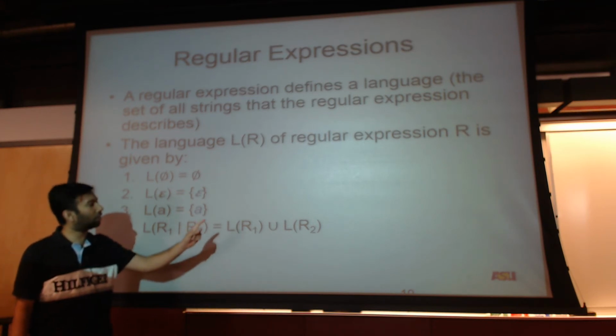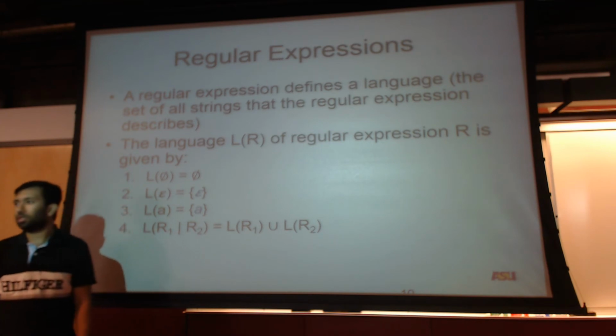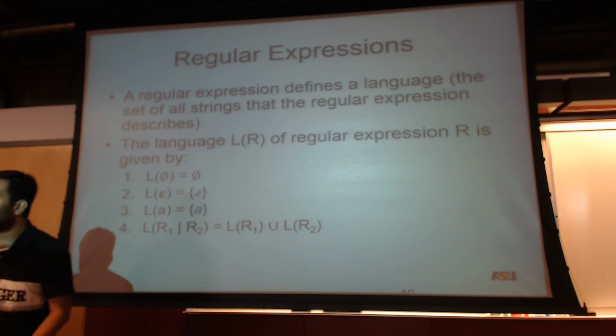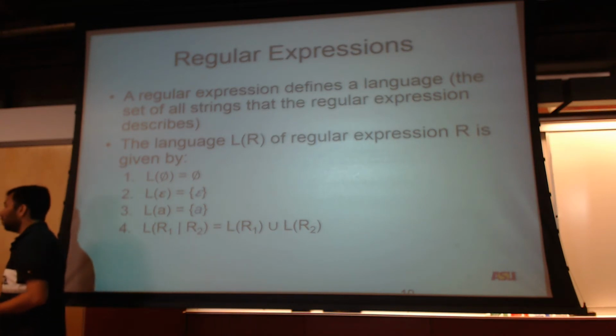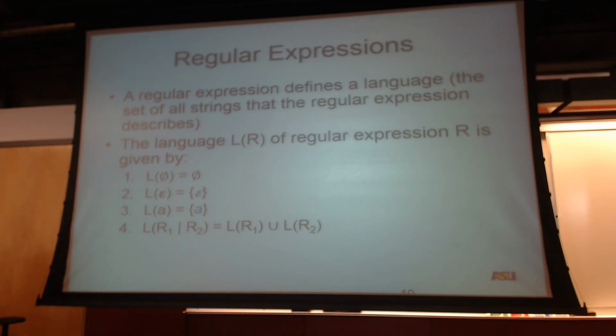Then find the language of R2, which will be another set of strings. Then compute the union of the two sets. That becomes the language of R1 bar R2. When we do examples, remember these simple rules. Don't just start blindly writing the set. If you remember the simple rules, you won't be wrong.